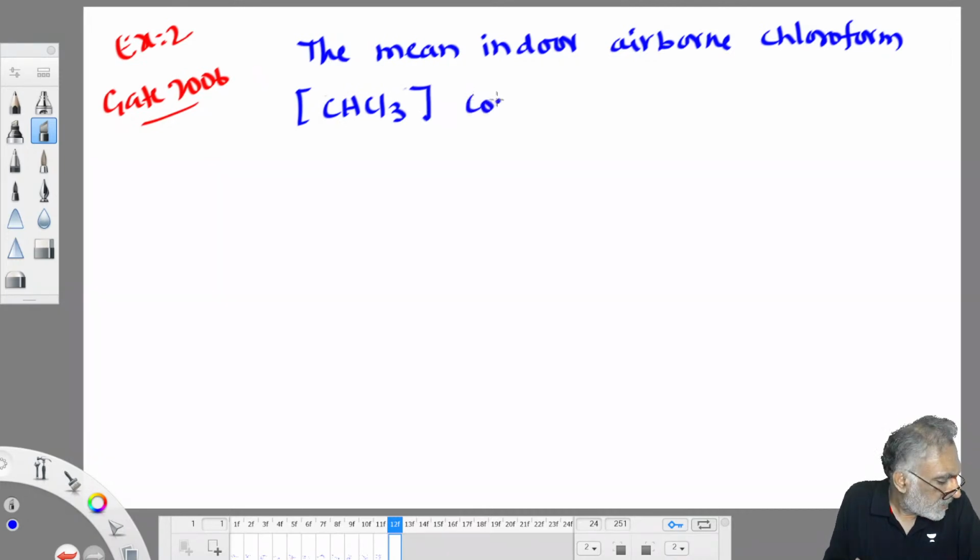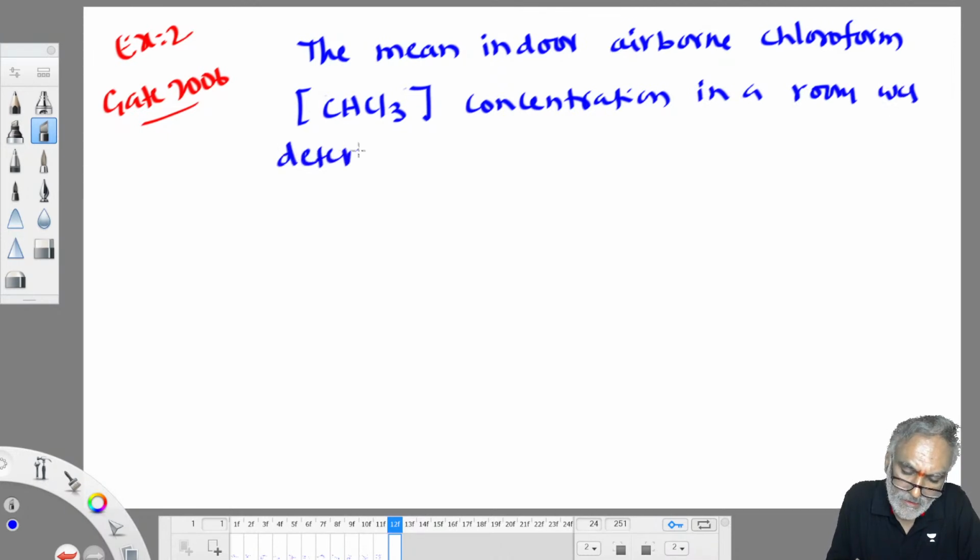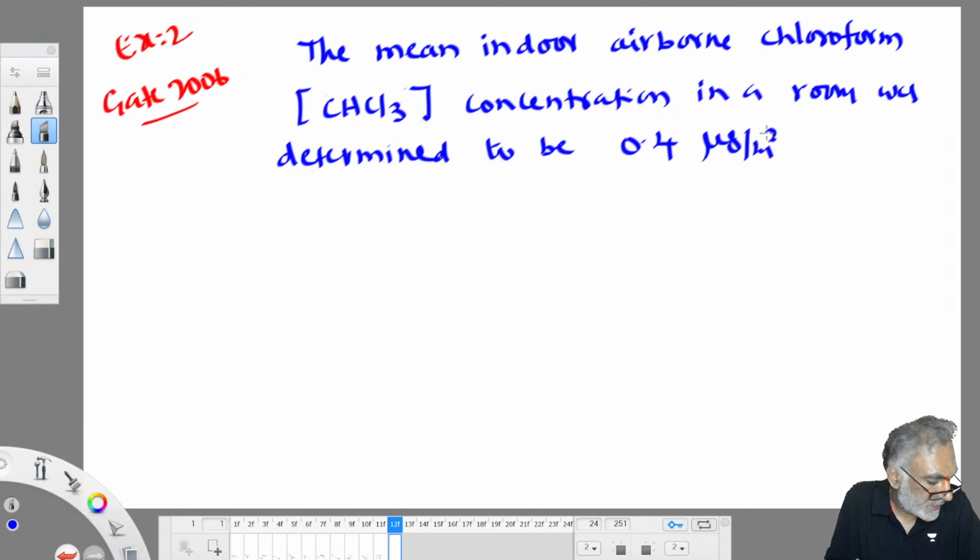Chloroform concentration in a room was determined to be 0.4 microgram per meter cube. Use the following data.